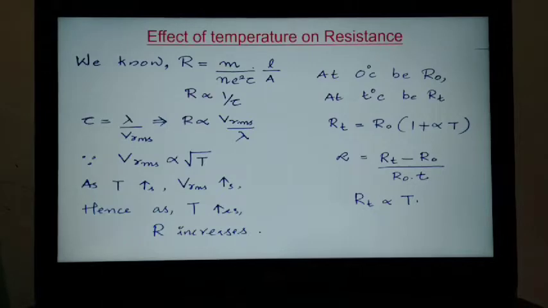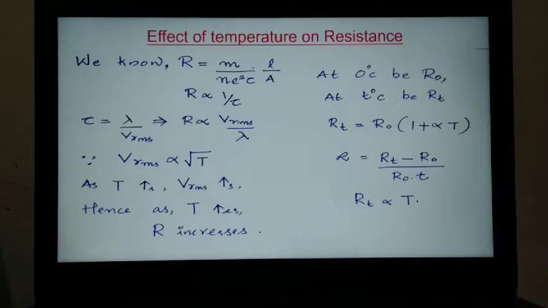From the first equation itself, you can infer that. What is that? R is proportional to 1 by tau. When tau increases, R decreases, or when tau decreases, R increases. What is tau? Tau is the time between two successive collisions.